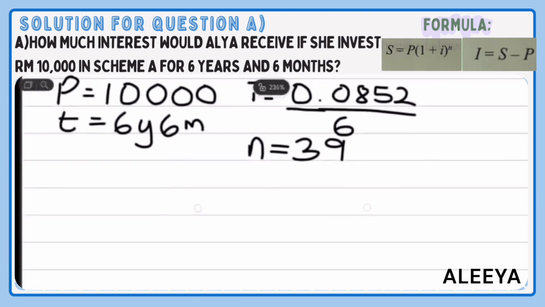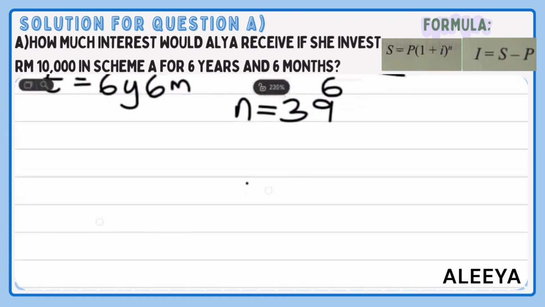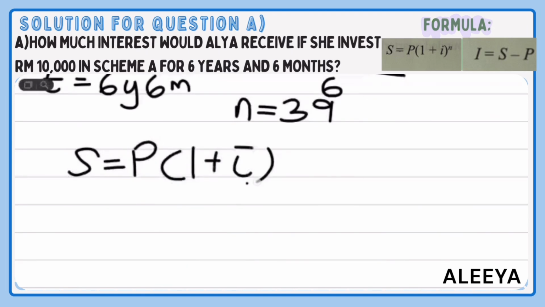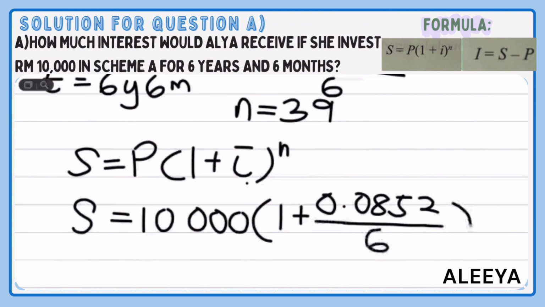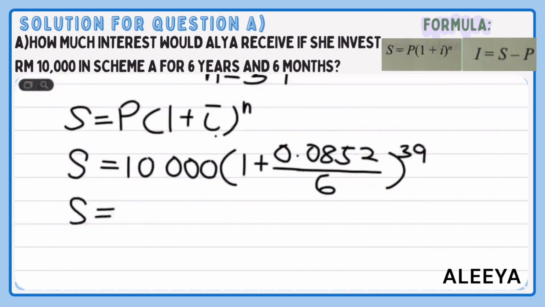After that, we will use the compound interest formula, which is S equals P (1 plus i) to the power of n. Then we substitute all the information. So S equals 10,000 (1 plus 0.0852 divided by 6) to the power of 39. So when we calculate, we will get S equals to 17,330.88.